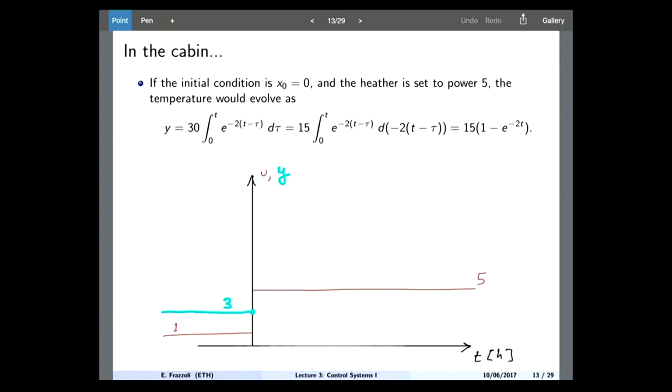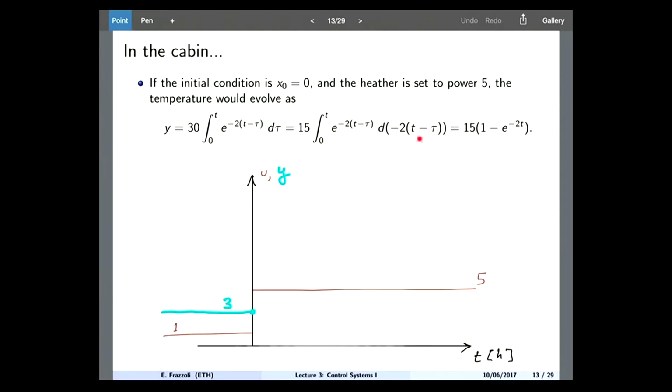Now, what form does it take in our example? Well, if you just do the pattern matching and rewrite the formulas, what you get is y is given by 30 times this integral, e to the power minus 2 that multiplies (t minus tau) d tau. You want to compute that integral? I will not do that.